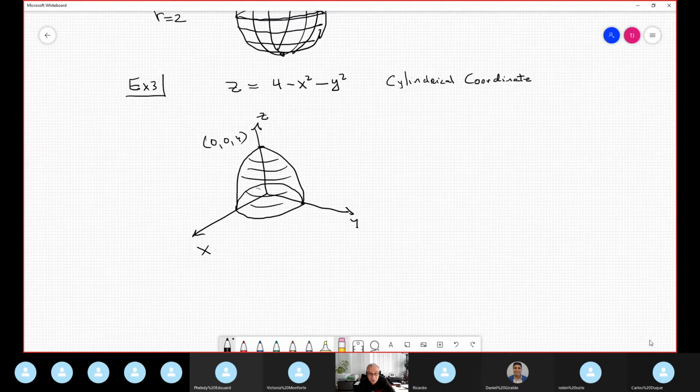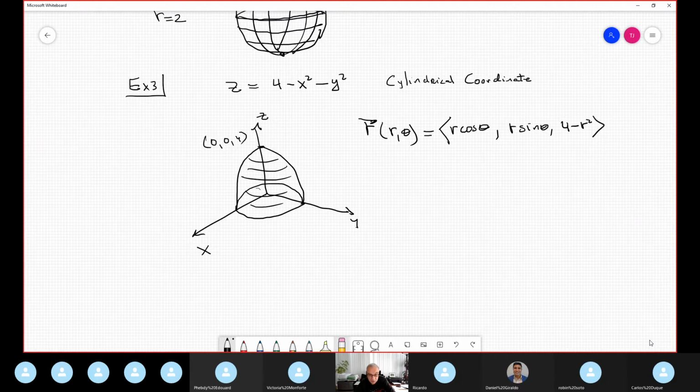Spherical is good for spheres and cones. Actually, for cones we use another thing, but okay. Suppose the parameterization is r, comma, theta, because I use polar maybe: r cosine theta, comma, r sine theta, comma, z is 4 minus r squared.